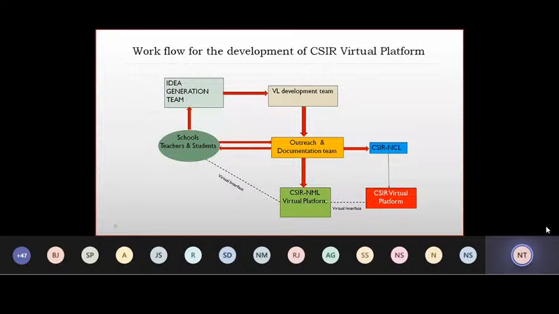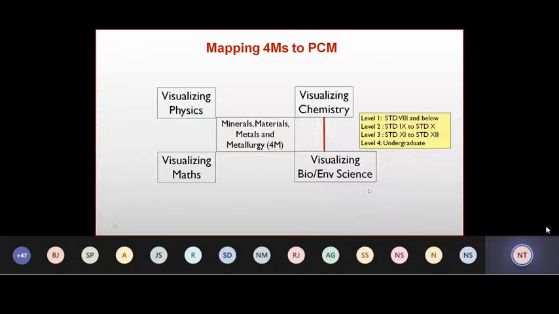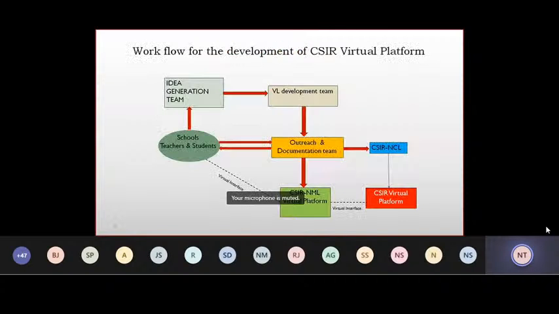And there will be some interface between the CSIR-NML virtual platform and the CSIR virtual platform. This is the connectivity that we are thinking about, but this might change. This is not what we have written. It might change.